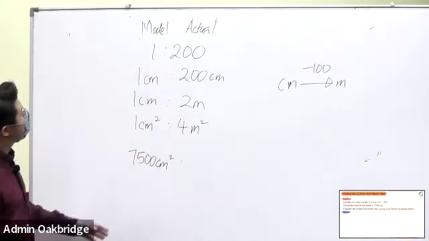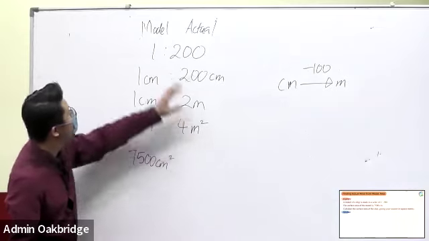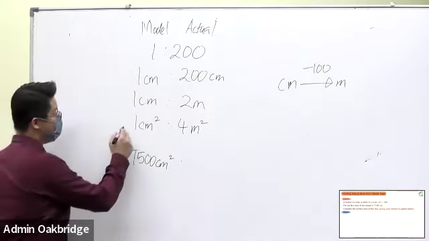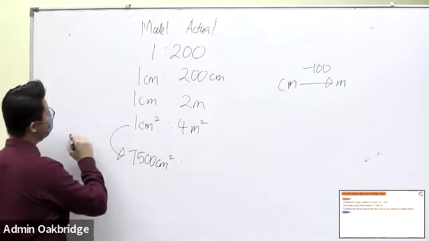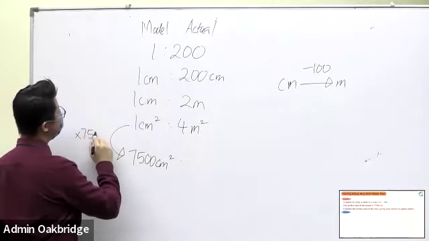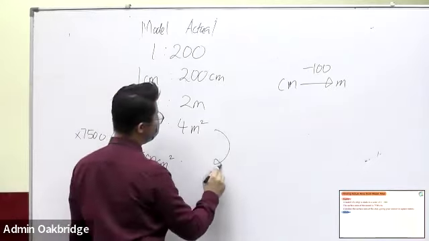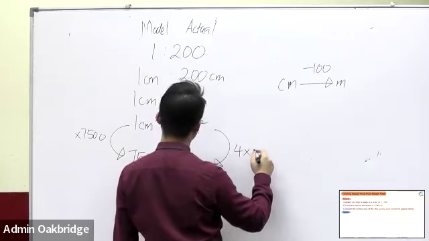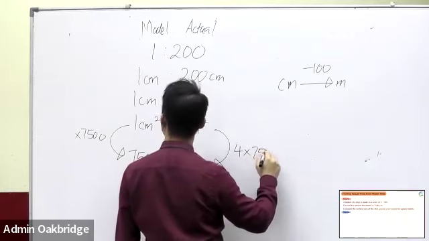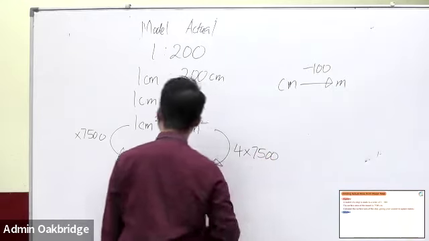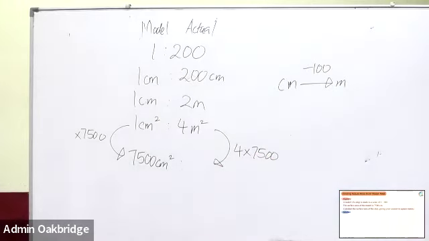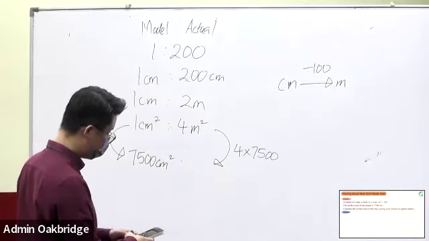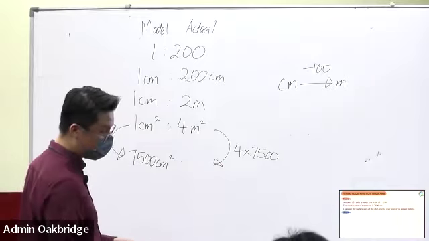So from 1 to this one, you need to multiply by 7,500. So 4 times 7,500 is 30,000.